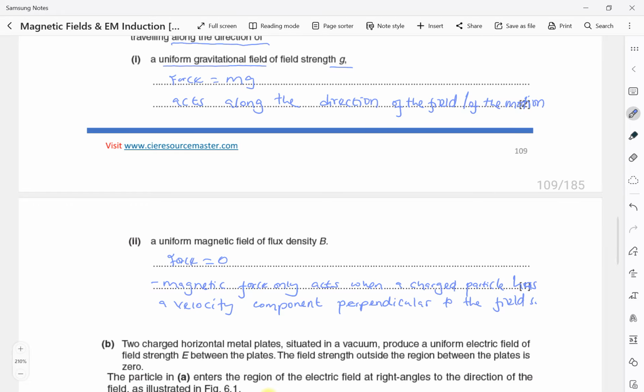So if it moves parallel, if it moves along the field, it has no perpendicular component. So it should be moving at an angle to the field so that there is a velocity component perpendicular to the field.